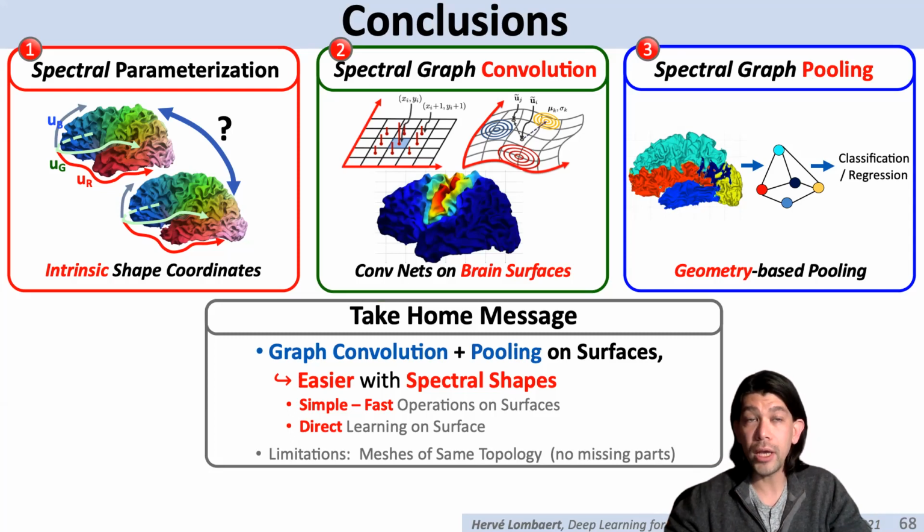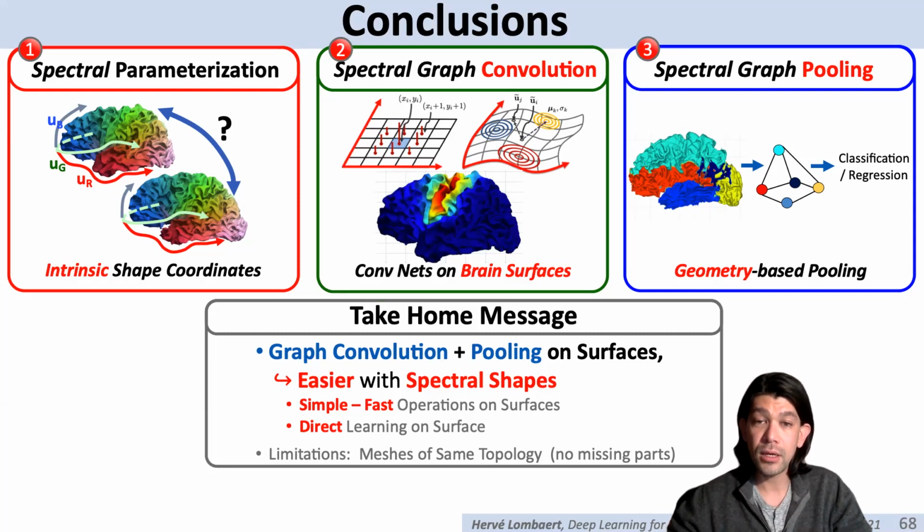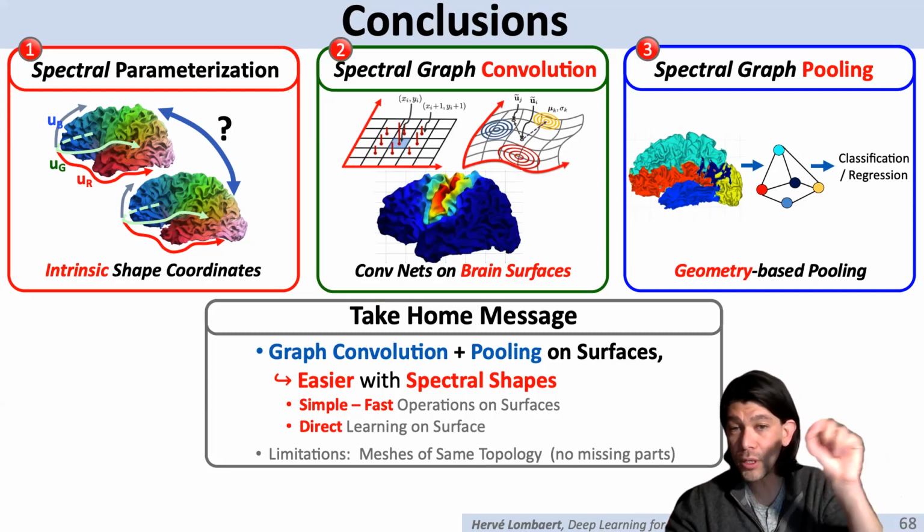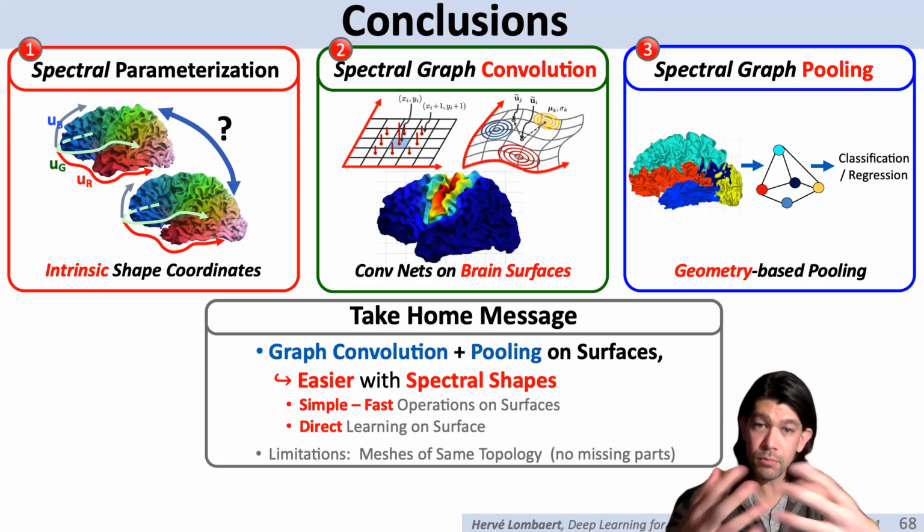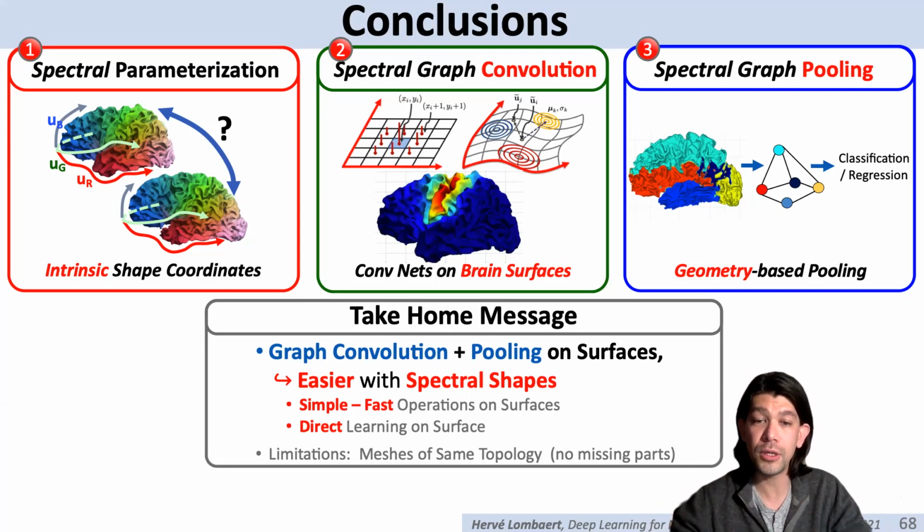That creates all sorts of advantages and benefits. We saw huge, drastic improvements in performance. Moving away from conventional methods, we also have a much faster algorithm. That's the benefit of deep learning in general. But the one thing to remember: for graph pooling and graph convolutions, just try them on the spectral shapes. That's the main message here.